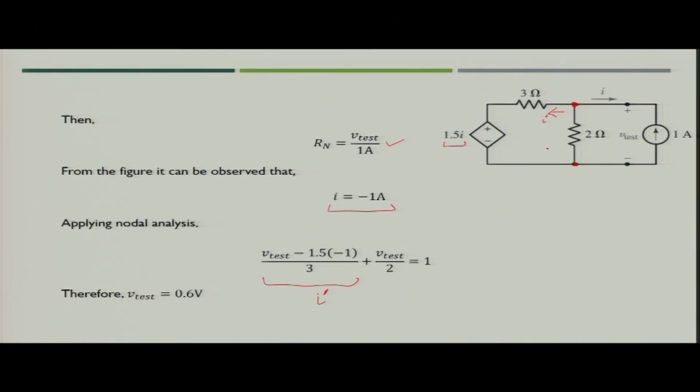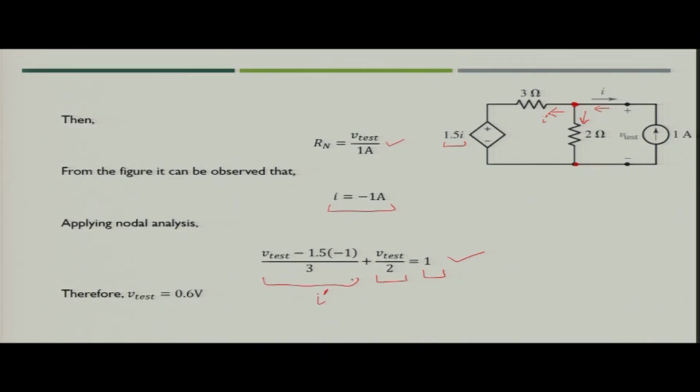Now, the current flowing through this would be V test divided by 2, and when you apply Kirchhoff current law, the sum of these two would be the value of current flowing into the node. What is the value flowing into the node? That is 1 ampere.